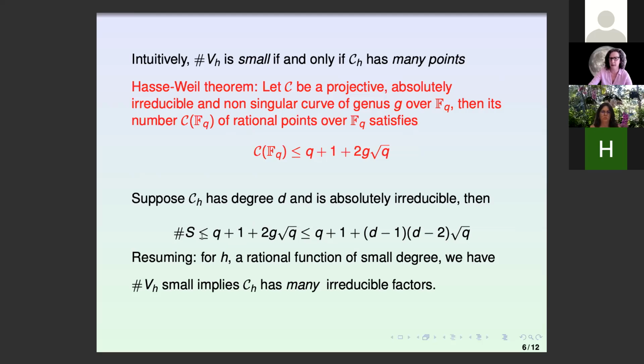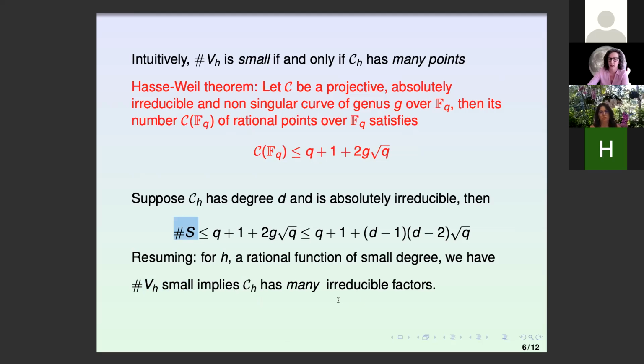So you have this upper bound for S. Resuming, for h a rational function of small degree, if the size of the value set is small, the curve has many points, and if the number of points passes this bound, your curve should have reducible factors.